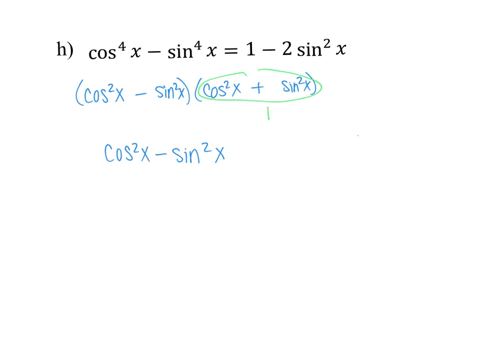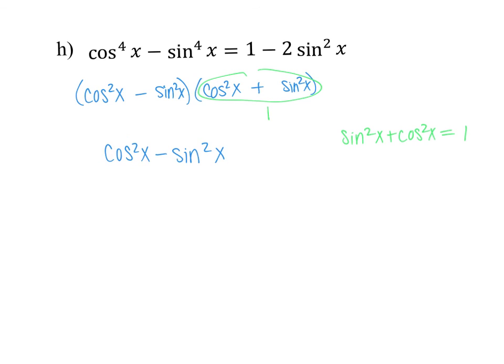And the next thing I'm thinking about is that this still doesn't look like that side. Notice how that side is all in terms of sine. So maybe I need to change this cosine in terms of sine. And that's where I start thinking about the Pythagorean theorem again. The Pythagorean theorem says sine squared plus cosine squared equals 1, and you can move something over to get the cosine squared by itself.